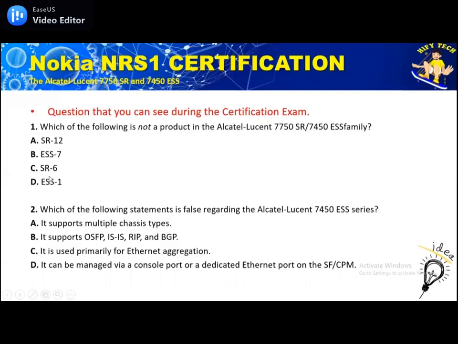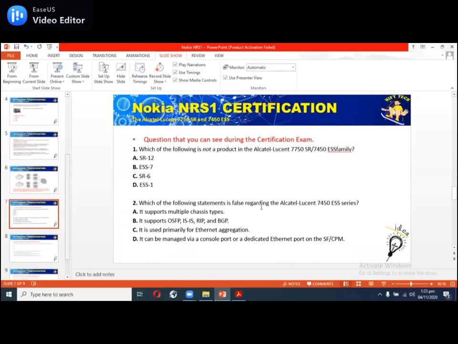C is the answer. Now, which of the following statements is false regarding the Alcatel-Lucent 7450 ESS? ESS is used for Ethernet aggregation. It has multiple chassis types, this is true because ESS, like SR, uses the same 1, 7 and 12 chassis types.